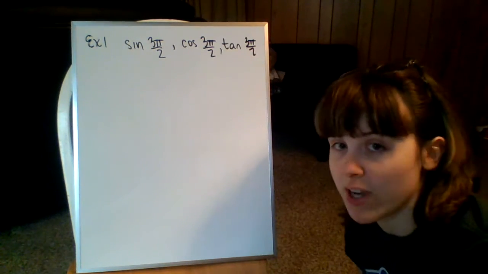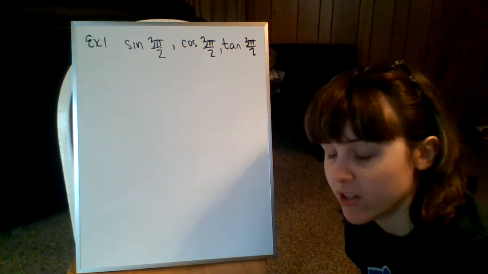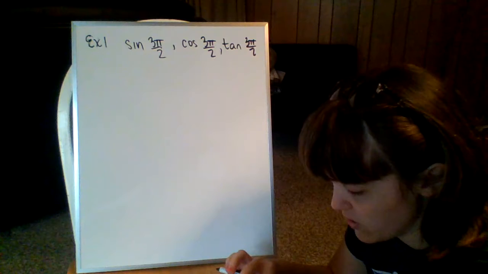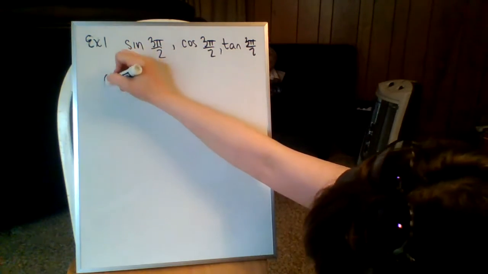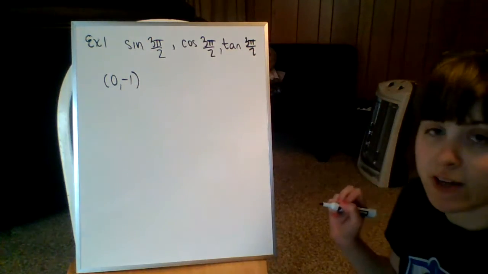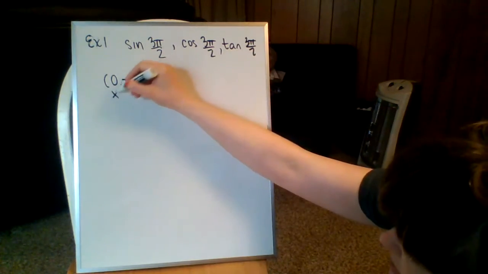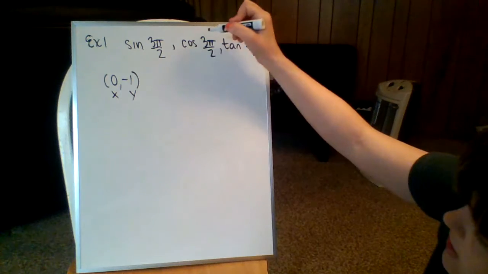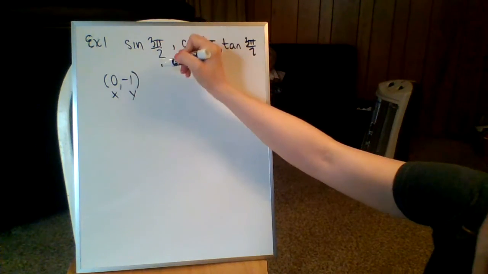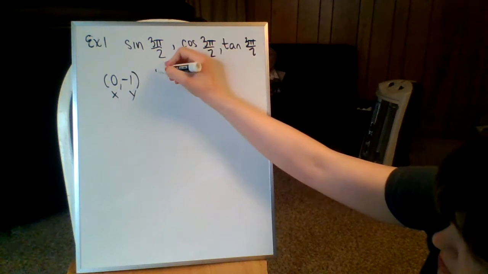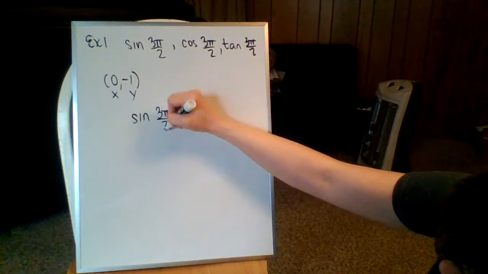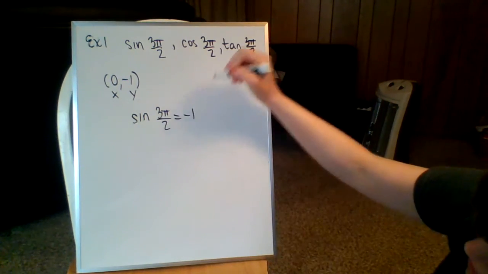So we have to find 3 pi over 2 on the unit circle. If you look at 3 pi over 2, its coordinate is 0, negative 1. So this is the x, this is the y. Sine is the y value, so sine of 3 pi over 2 equals negative 1.